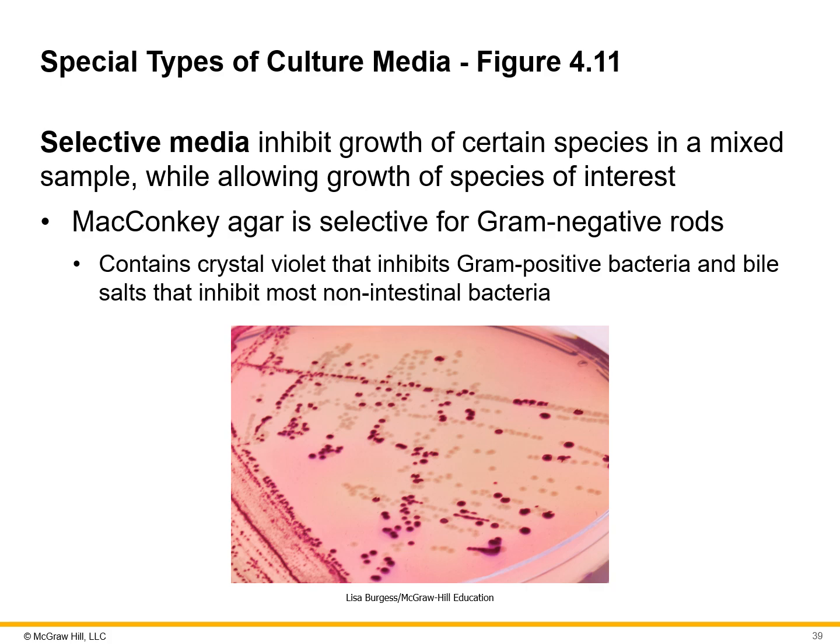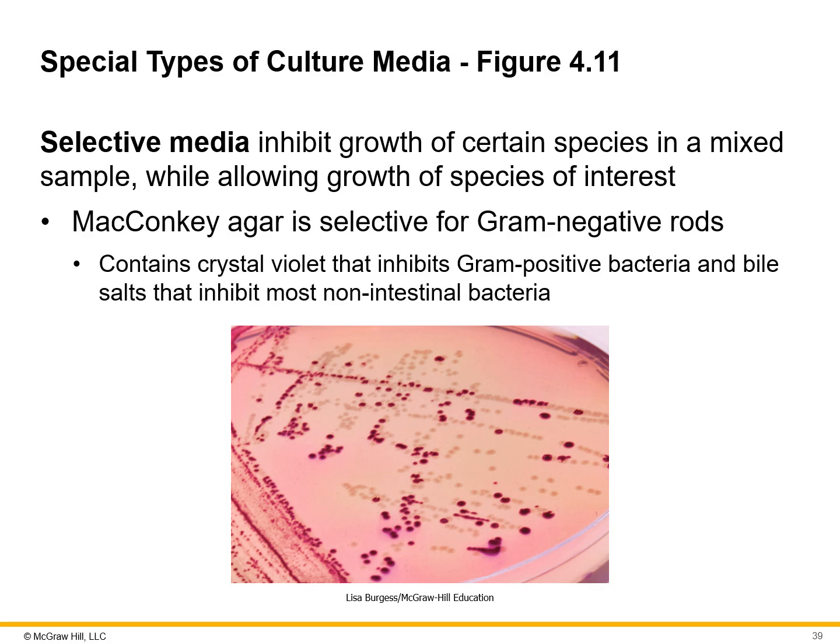McConkey agar is not as complicated as Thayer Martin, but it is selective, and it will select for gram-negative rods specifically, which means it's going to inhibit gram-positive bacteria. So when you have to learn these, and you're going to have to learn them in lab, you need to know the full name of them. You need to know the particular ingredient that is inhibiting and what it is inhibiting, and what is it selecting for.